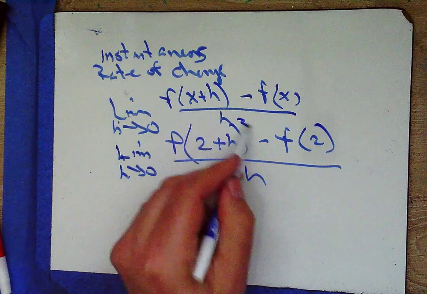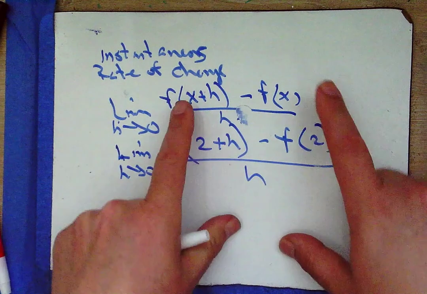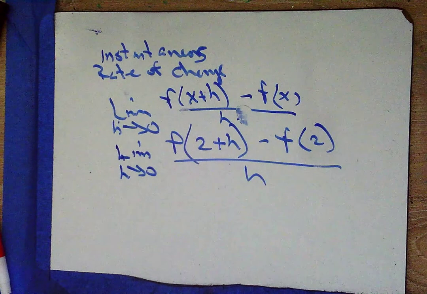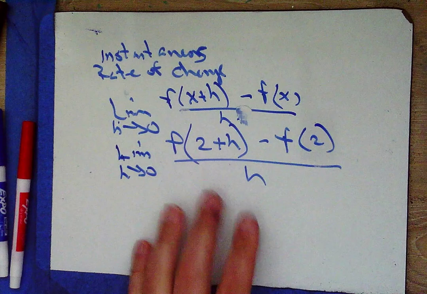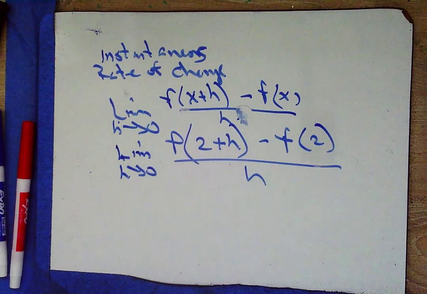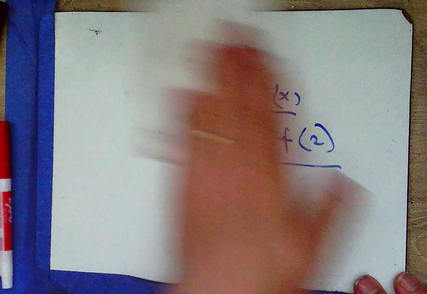So we can explore this by plugging in a specific value, or it should even work with just x's. Okay, but that's the kind of thing you might need to bring in if they ask you to find instantaneous rate of change. So what do we know about the limit? Let's summarize.